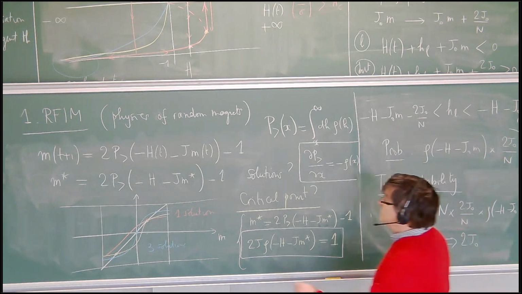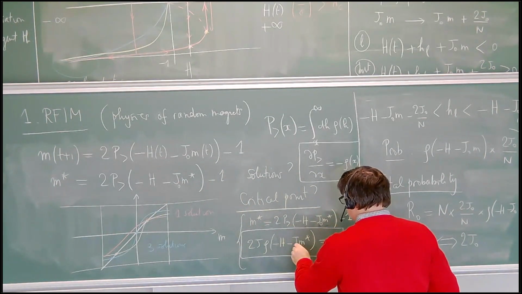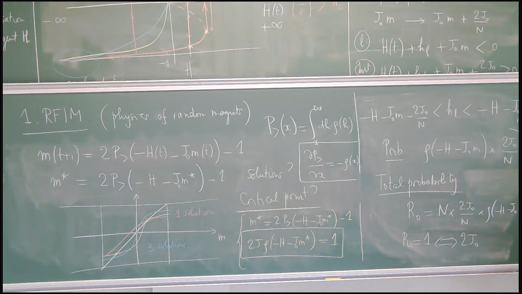Sorry, I'm missing a J0 everywhere. 2J0 rho of minus H star. I mean, this is the point that I'm looking for.